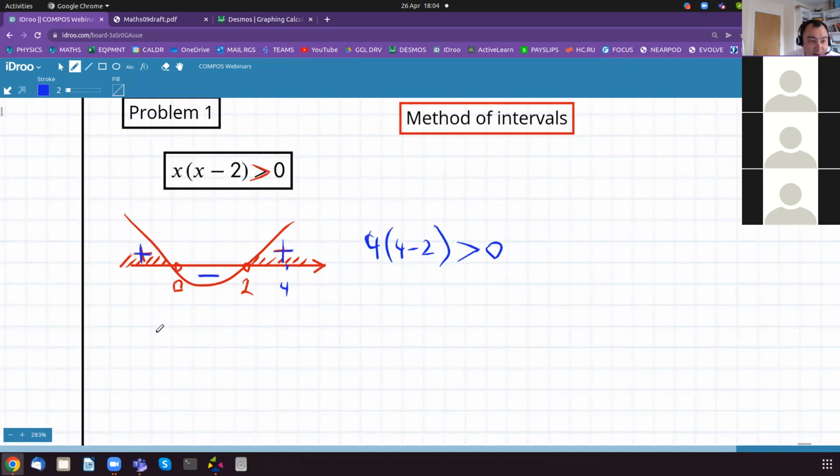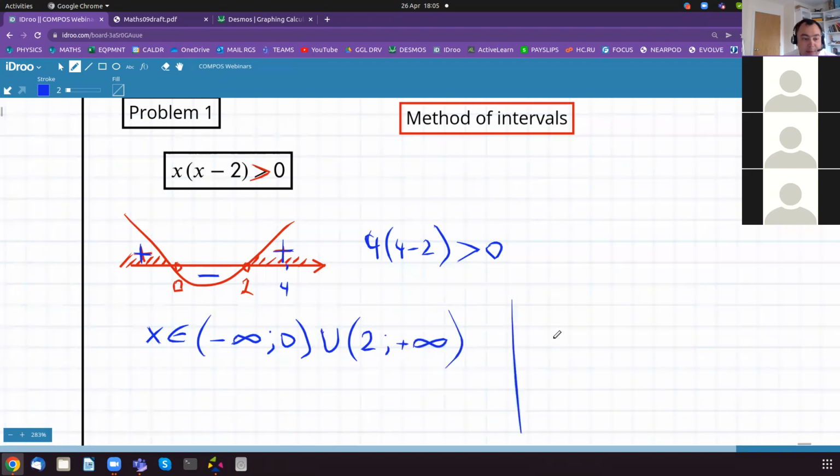So the answer to this question is x belongs to the interval from minus infinity to 0, union, or you can say or, from 2 to plus infinity. There's another way of writing it. You can simply say x is less than 0 or x is greater than 2.